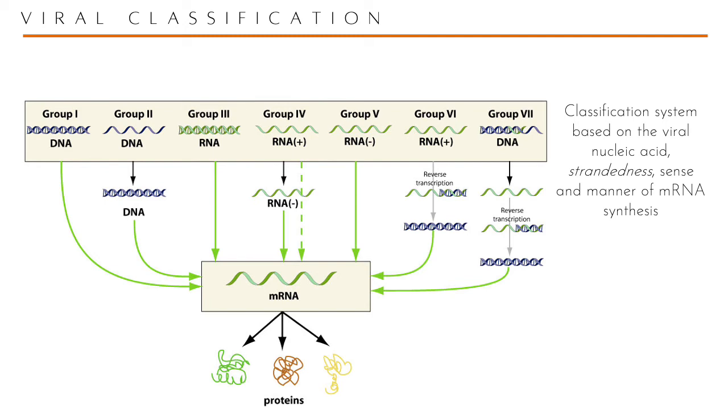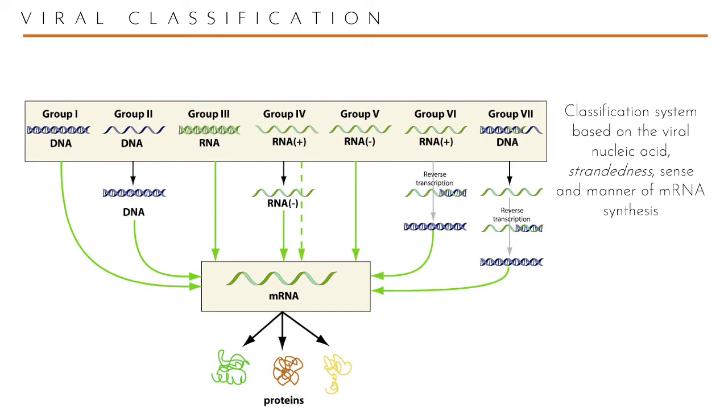So the process of replication, which we will be discussing in the next lecture, differs per virus depending on the raw product that you have, which is those nucleic acids.